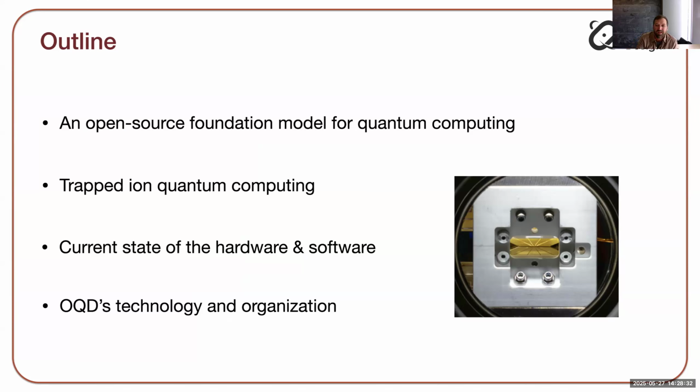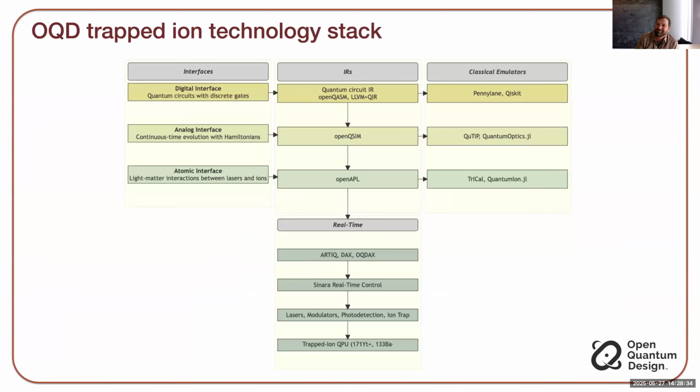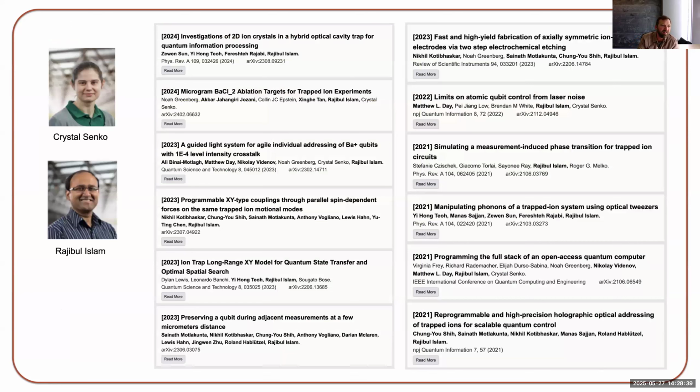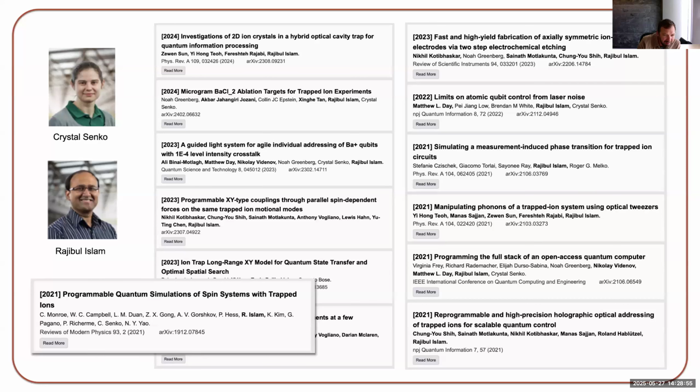Okay, so current state of the hardware. Now, Open Quantum Design. Again, where are they? Crystal and Rajibul, I've been faculty at Waterloo since 2007. I think 2015-ish, Crystal and Rajibul joined. They did their PhDs with Chris Monroe of IonQ fame. And yeah, they actually wrote this seminal paper.